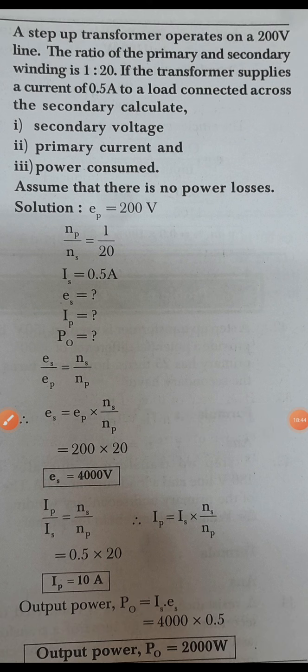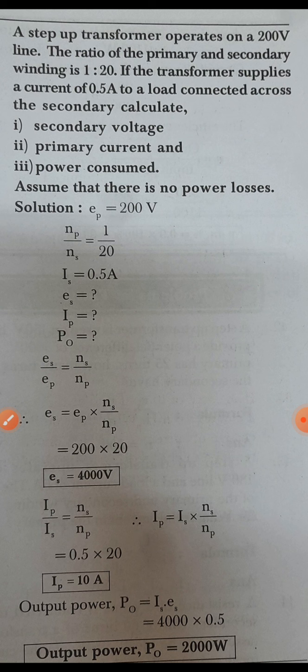So friends, in this manner today we have completed the numerical part of the topic electromagnetic induction based on the transformer. Still 2-3 different formulas are there. You can try to solve the questions from your textbooks, and if you have any kind of difficulties, you can come to the college and ask me.